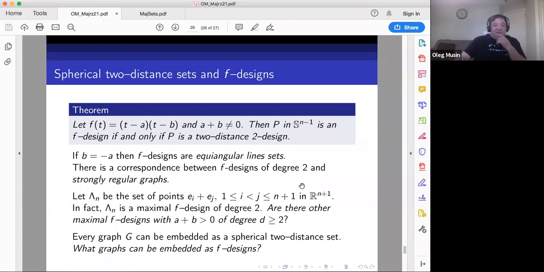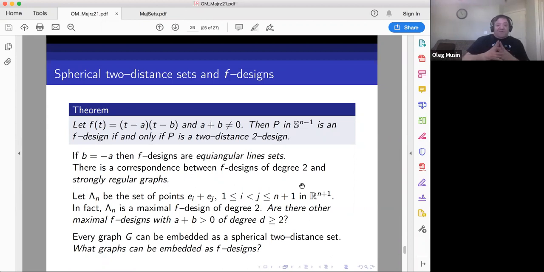So this is one of the open problems. The second problem is also very interesting. Consider the following example: the regular simplex and the midpoints of its edges.